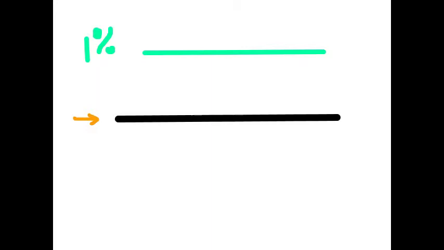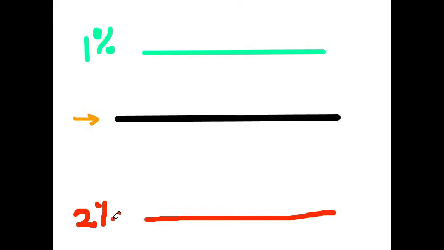At the same time, you've got to have a stop in place, and your stop could be here. Let's say that stop is roughly 2%. Now, in order for this strategy to work, a couple things have to happen. You have to have a high probability of success.